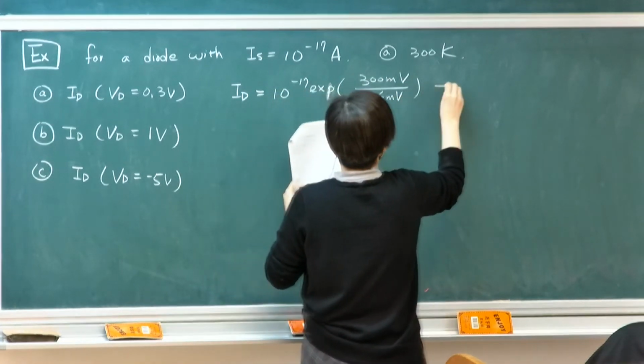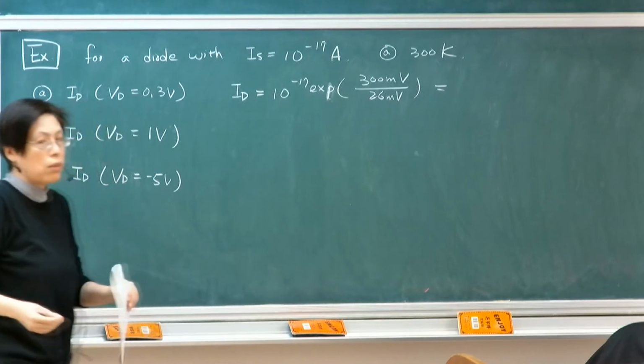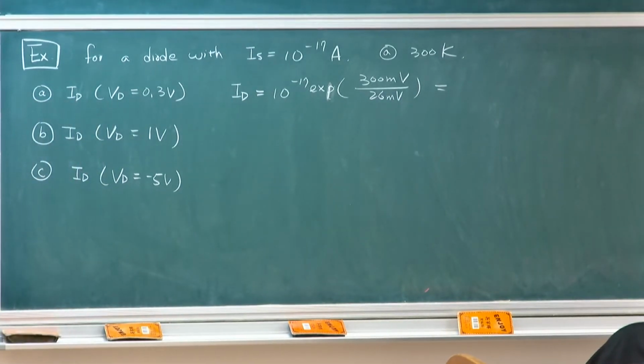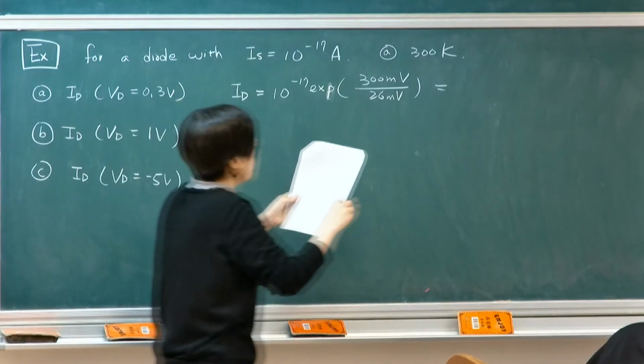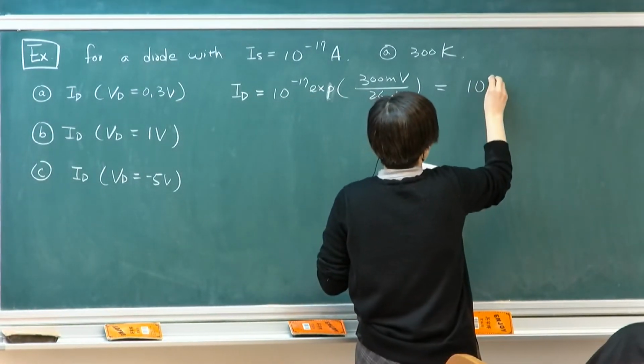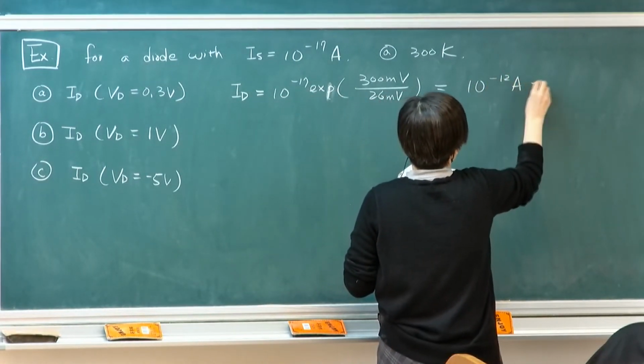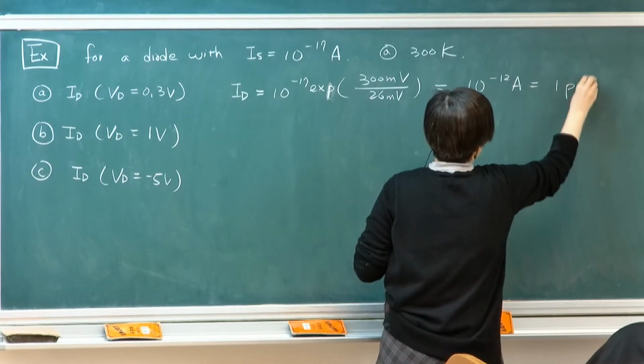And this will raise your current a little bit, but it's not forward biasing enough. It's lower than the built-in potential, therefore it's not significant. You're not flattening out the built-in potential. So what happens is that this will be about 1 picoamp.